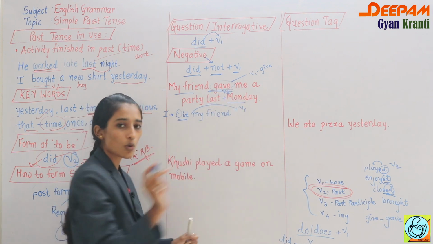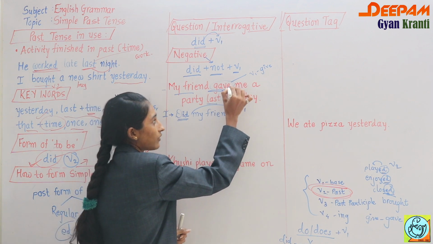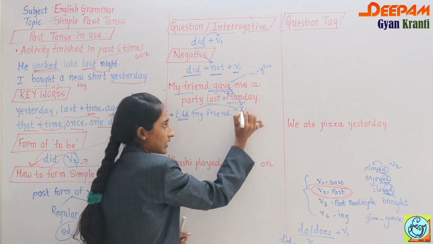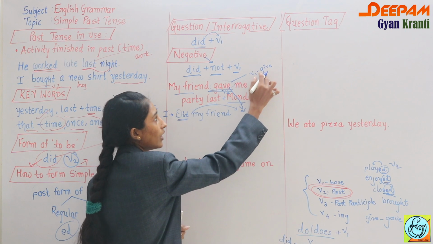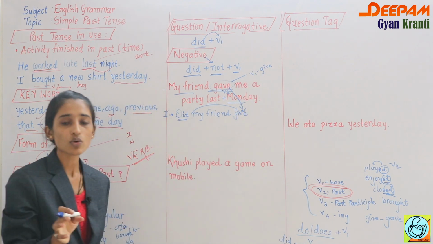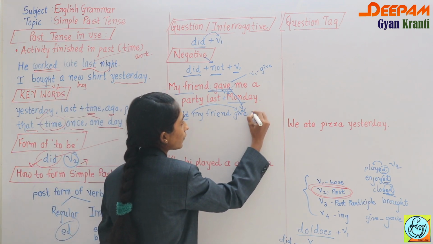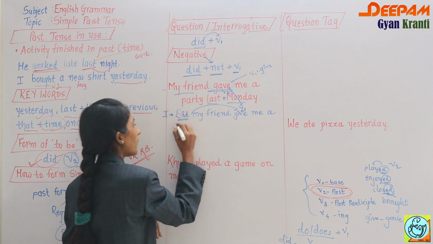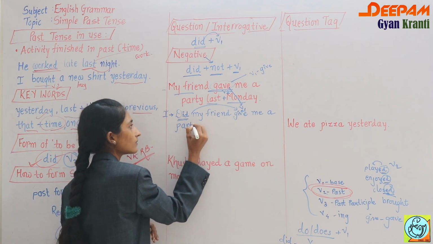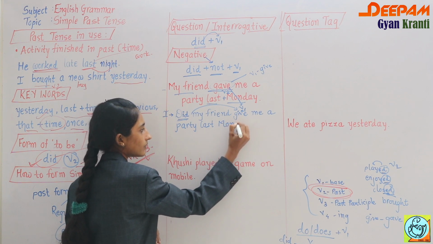Remember, so many students make mistakes here. Gave is V2 and we have to change it into V1. What is V1 of give? Give. So: did my friend give me a party last Monday? Question mark.